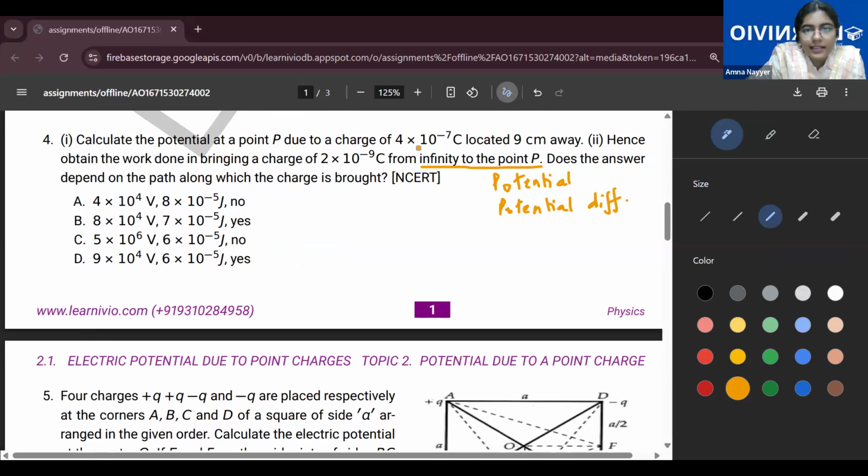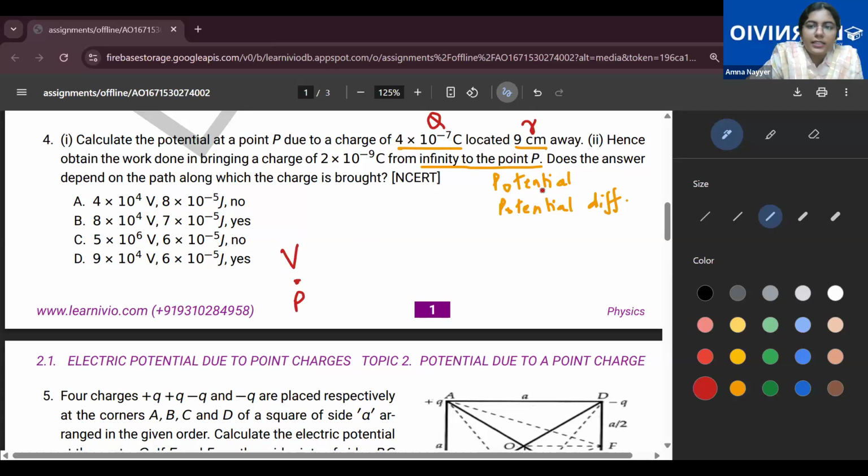See, first part says the charge is there, position is there, that is your point P. Understand the concept here, calculations you will be able to do. See, this is the point P, Q is there, R is there. Using this data, we will be able to calculate the potential at this point.